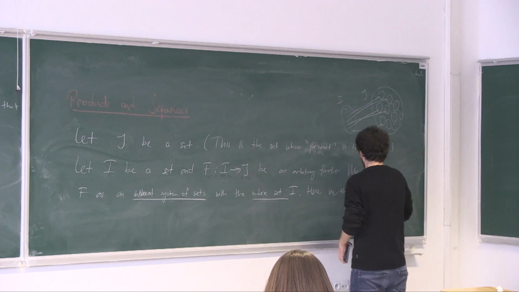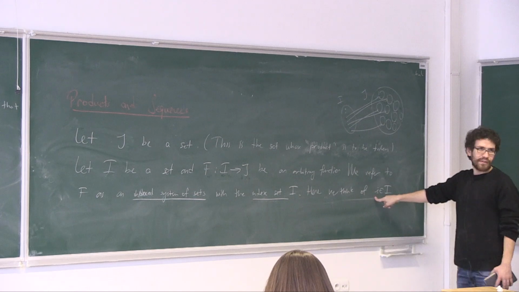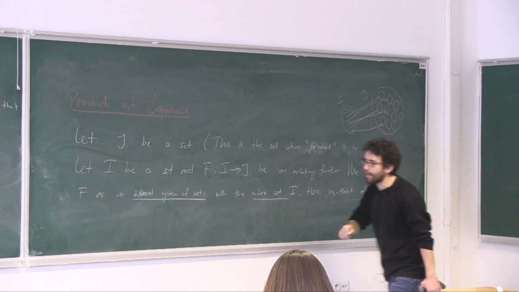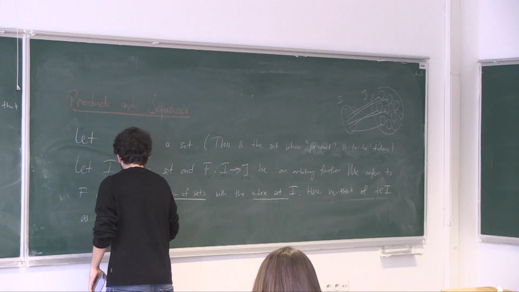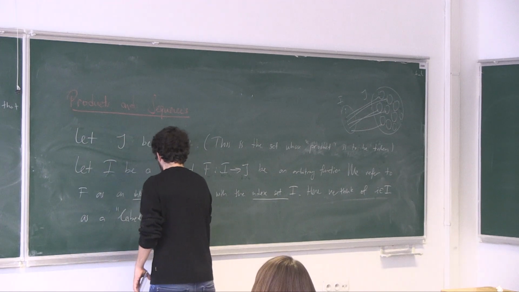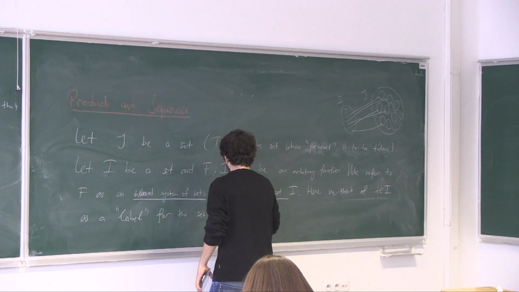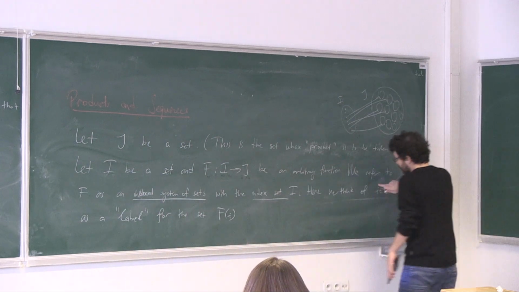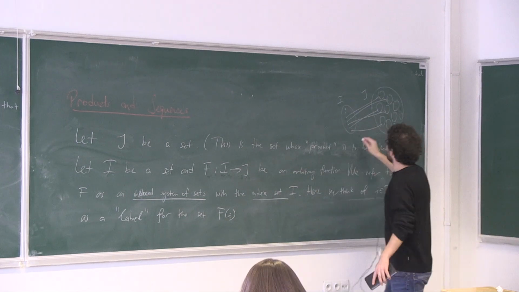Here we think of an element little i of I as a label for the set f of i. This little i is mapped to some guy in J. So it's just like this.